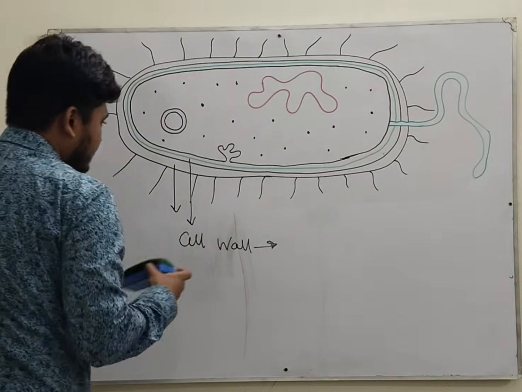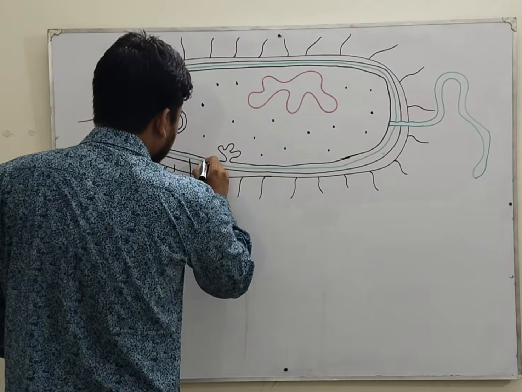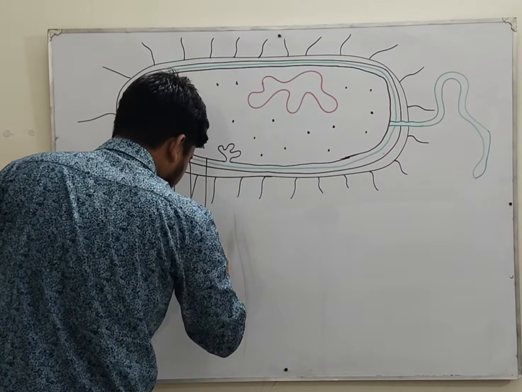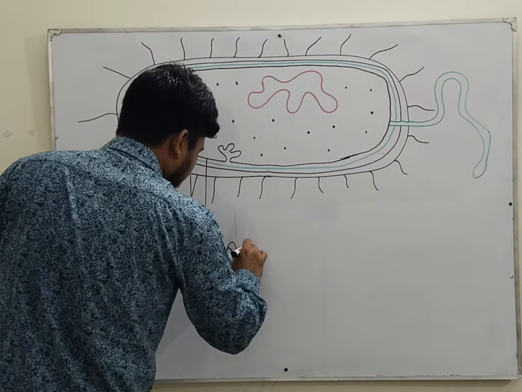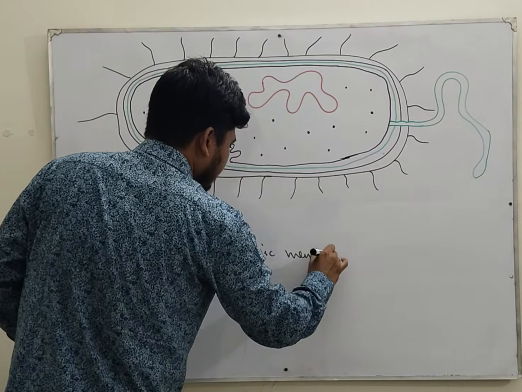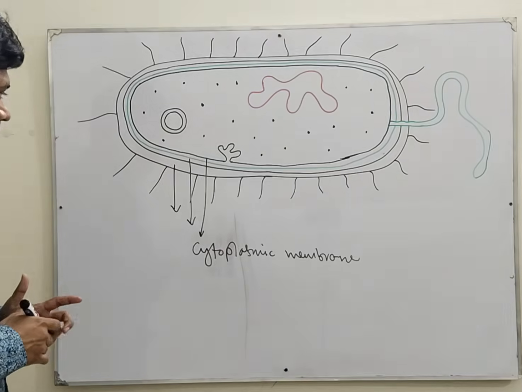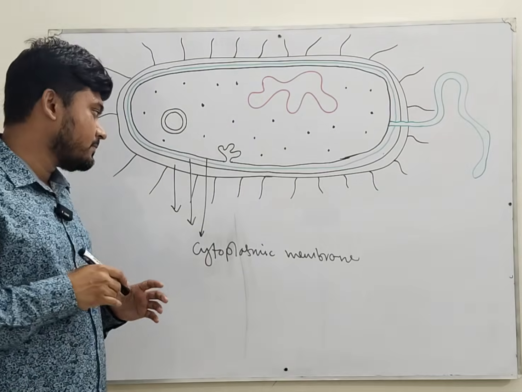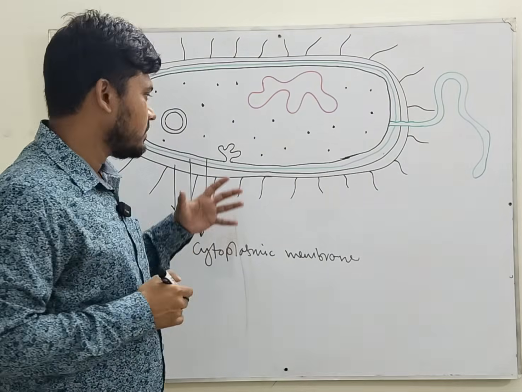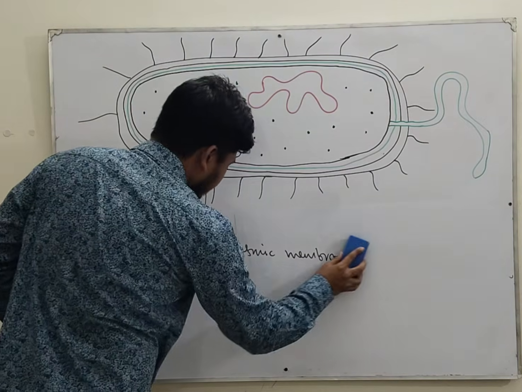And the layer inner to the cell wall is the cytoplasmic membrane. This cytoplasmic membrane helps in active transport of different molecules within the cell.